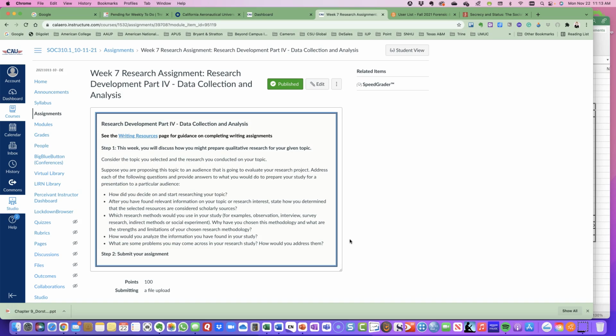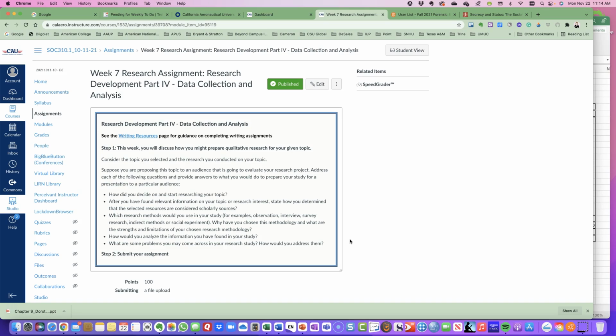Like what observations, what examples, would you interview, would you do survey, would you do any type of indirect method or social experiment? And why have you chosen this methodology? What are the strengths and the limitations of that particular research methodology that you chose? There's always limitations and there's always some issues within any study that you do.